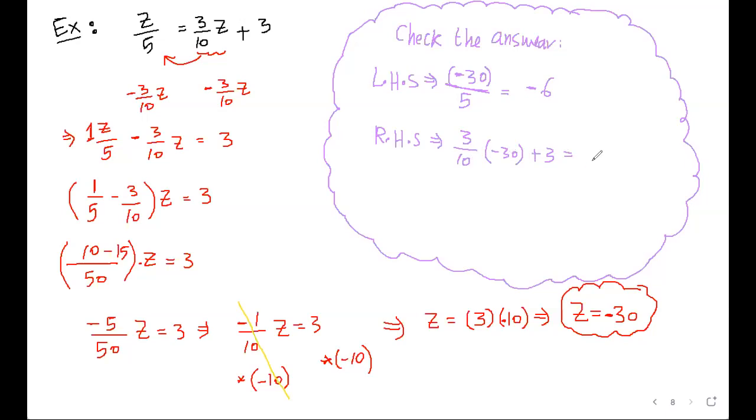What's the answer? Here we can simplify the 10 with the 30. They give me negative 3. 3 times negative 3 plus 3. What is that? That's also negative 6. So the left hand side and the right hand side are equal.